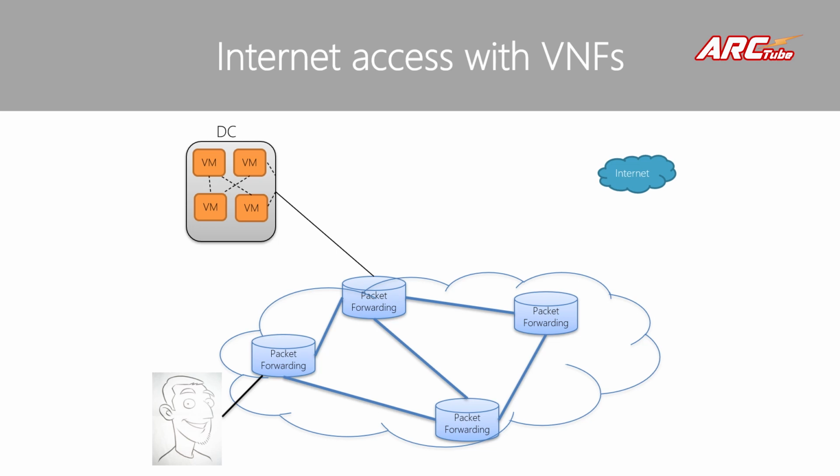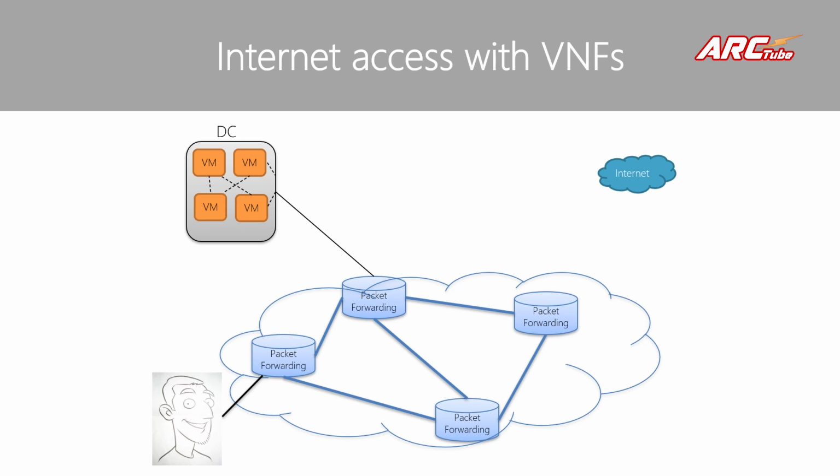Now still my traffic goes through these network functions, but now it is actually going inside the data center, going from one VM to another VM, like making a kind of service chain inside the data center, inside the virtual environment.